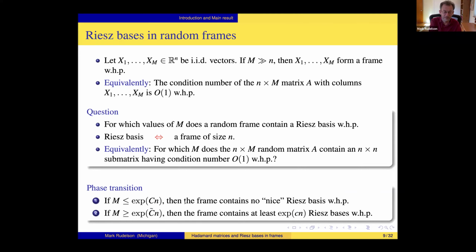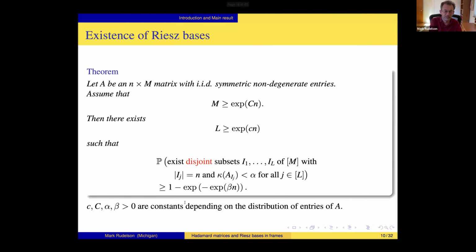So let me formulate this more precisely. First, the existence statement. Let A be a matrix with IID symmetric and non-degenerate entries. Notice that here I don't assume anything about the distribution of the entries, besides the symmetry.